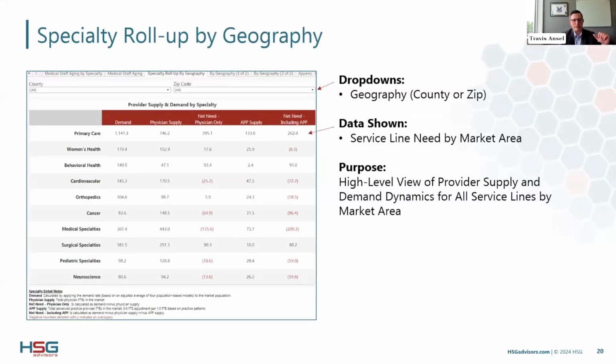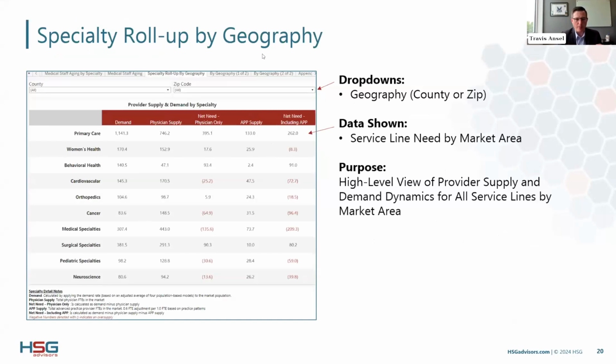We also have the specialty roll-up by geography table. Find that over here. And as you may have noticed, we're working from the most granular, which was that individual specialty table, to broader and broader.